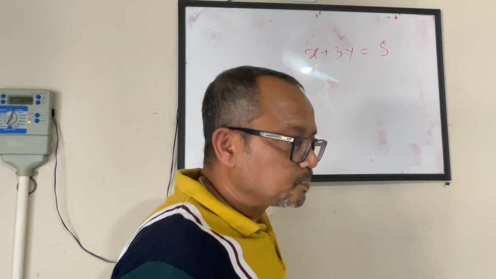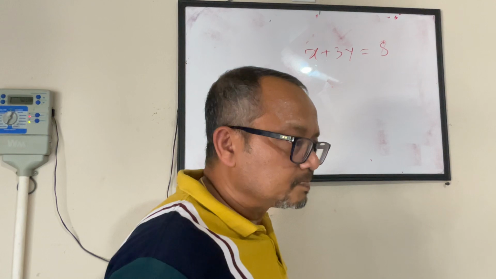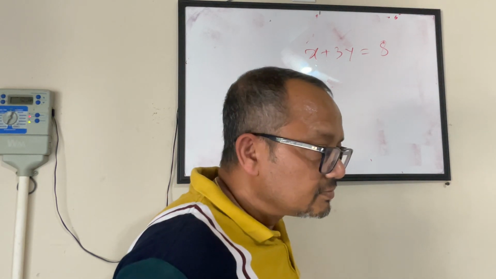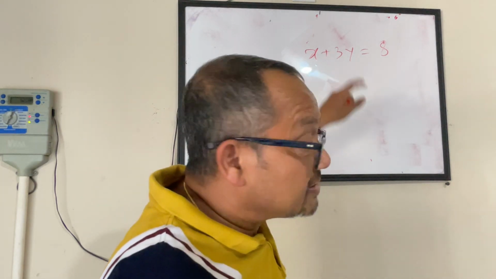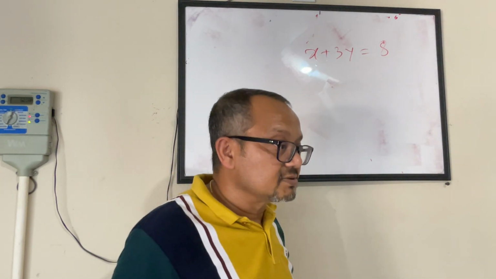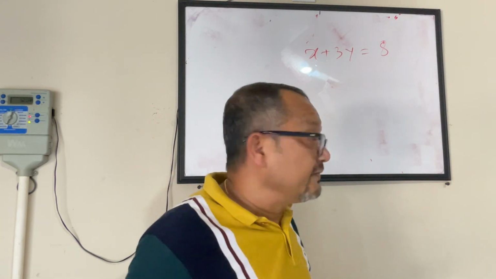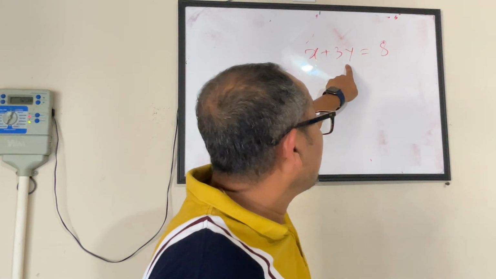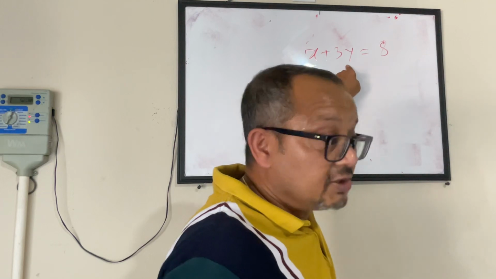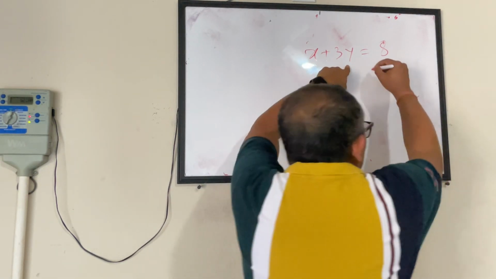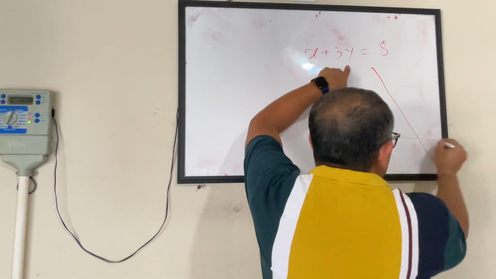If one variable is given, say x equals 5, then you can come up with an answer. But you are just finding the possibilities. When you say x equals 5, you will find the corresponding value of y as 1. But is that the only solution? No. Because it's like a drop in the ocean.